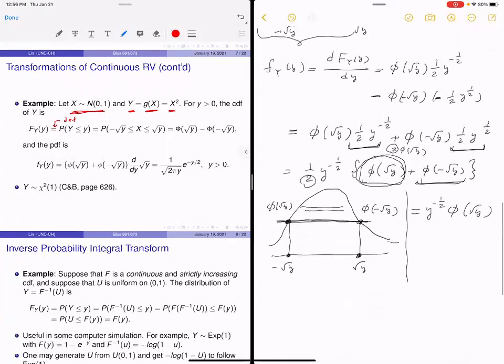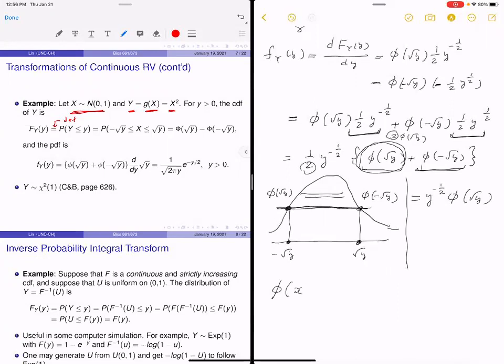Okay? Do I know what phi of x is? I don't want to write y right here if you're confused. What is the PDF of a normal 0, 1? You should know that, right? It's been so many years you guys have been studying statistics. The normal PDF is something you could memorize easily, or it's in your brain already. So 1 over the square root of 2 pi sigma squared, where sigma squared is 1, so it's only the square root of 2 pi.